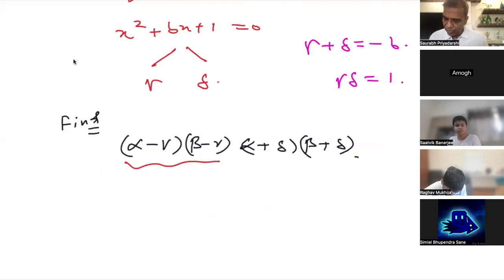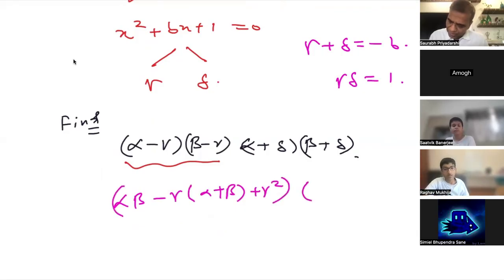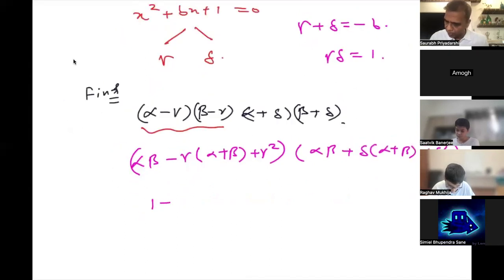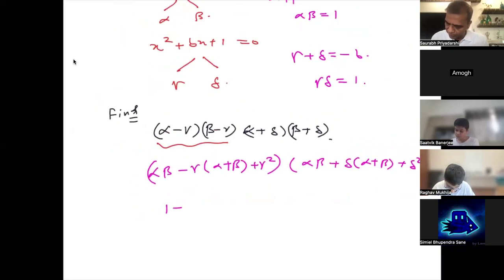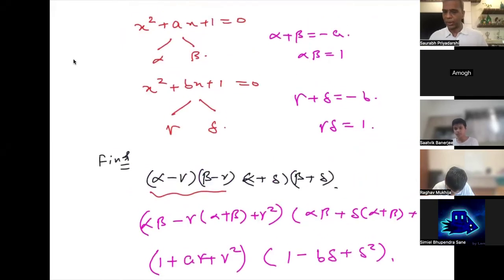If I multiply alpha minus gamma times beta minus gamma, and secondly, alpha plus delta times beta plus delta. So alpha into beta was given as 1, alpha plus beta was minus a, so we get 1 minus a gamma plus gamma square, and 1 minus a delta plus delta square.